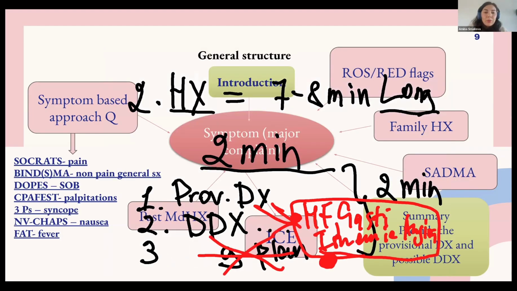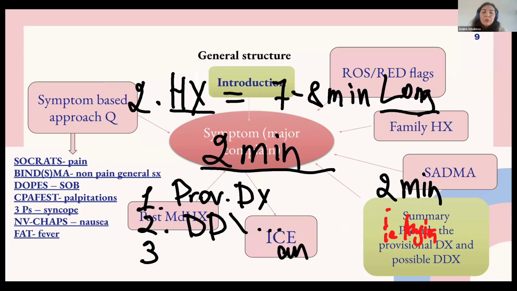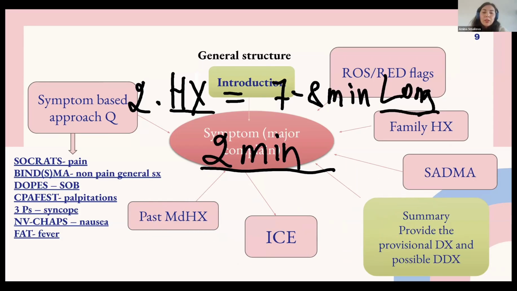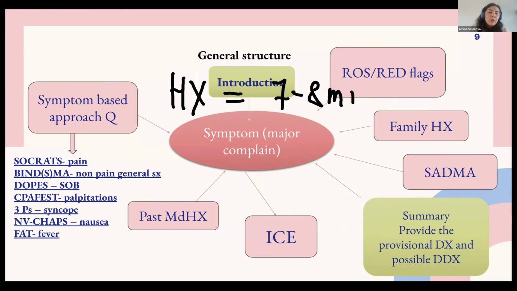What will be your management plan here? So your management plan here will be, I'm going to check with my senior doctor and we will admit you for further investigations and further treatment.